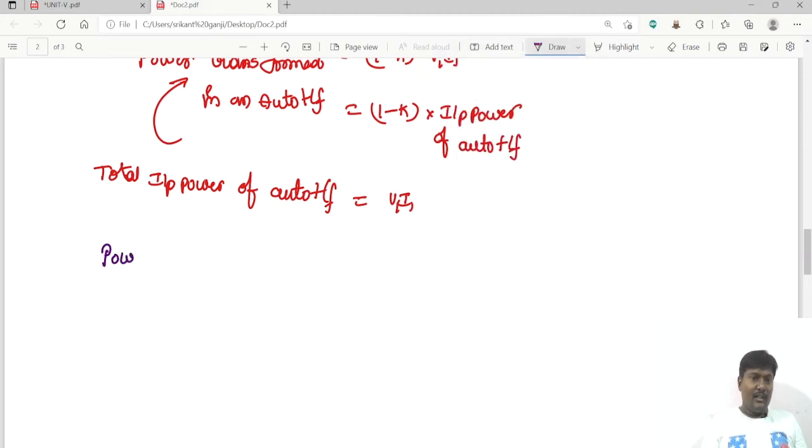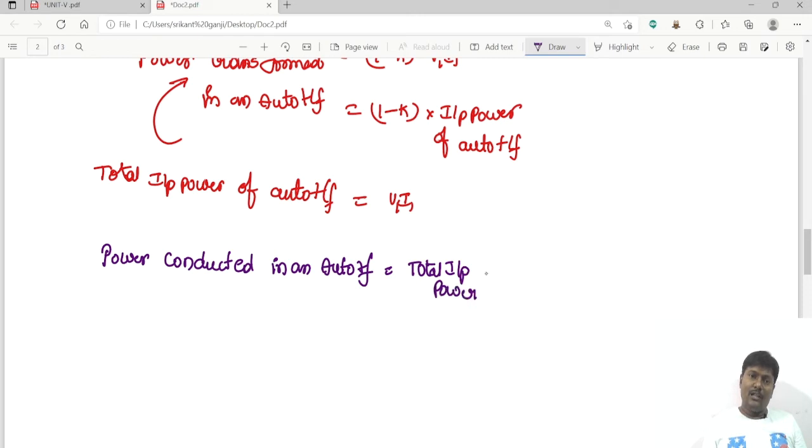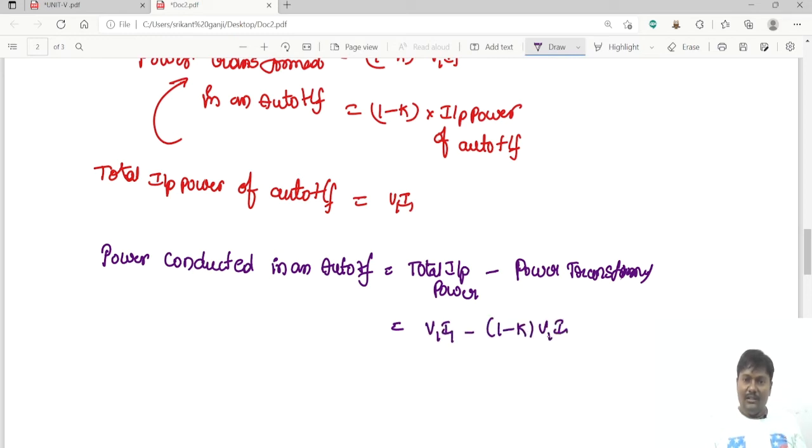So the power conducted in an auto transformer should be equal to the total input power of the auto transformer minus the power transformed. So V1 I1 minus (1 minus K) times V1 I1.